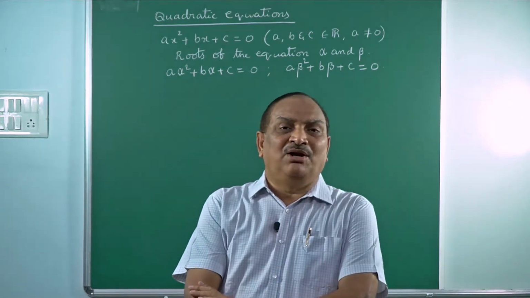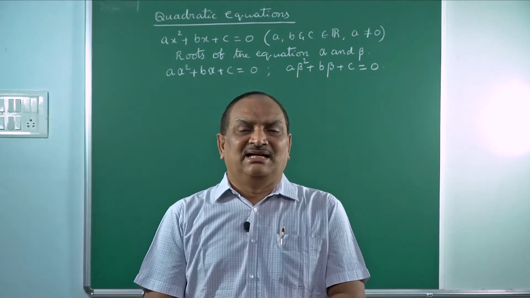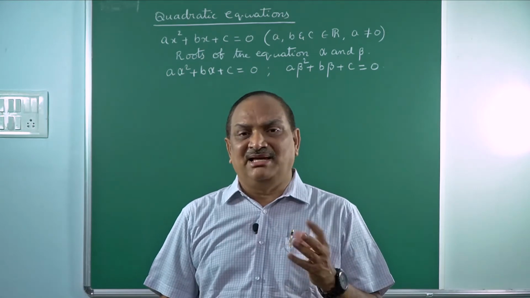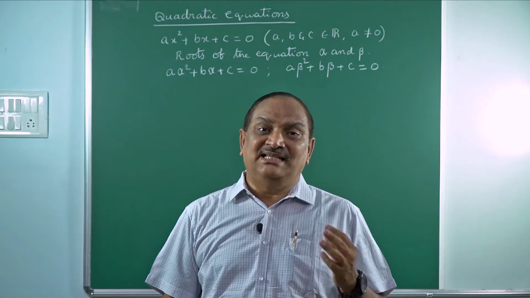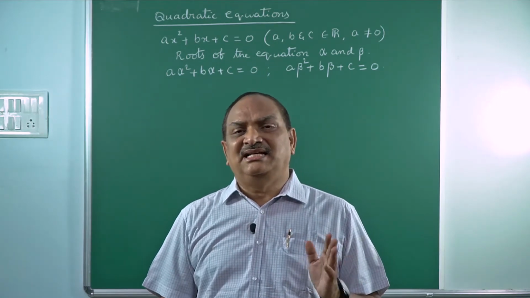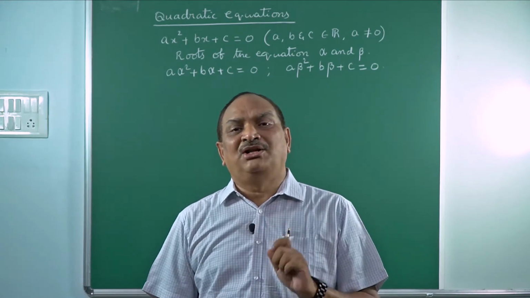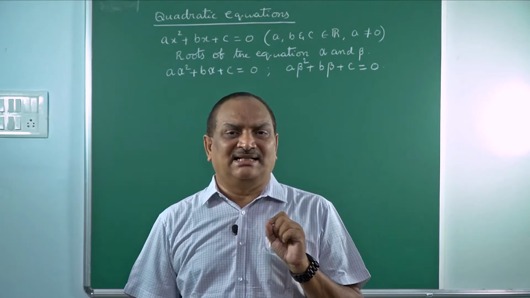When we had a polynomial, we were talking about the zeros of the polynomial. Similarly here, ax square plus bx plus c is a polynomial, and ax square plus bx plus c is equal to 0 is an equation. An equation has roots and a polynomial has zeros. That subtle difference you have to understand.